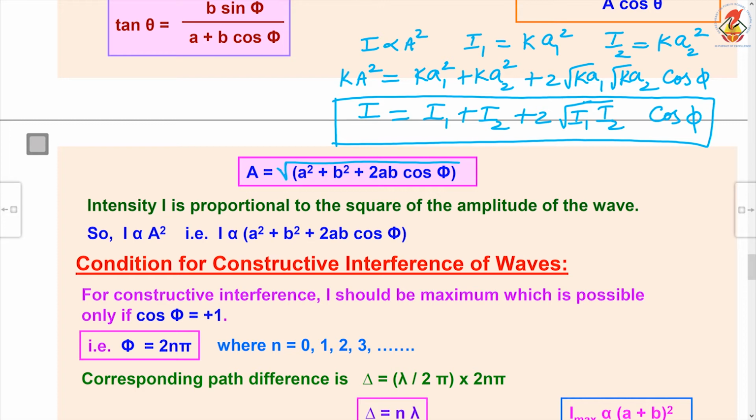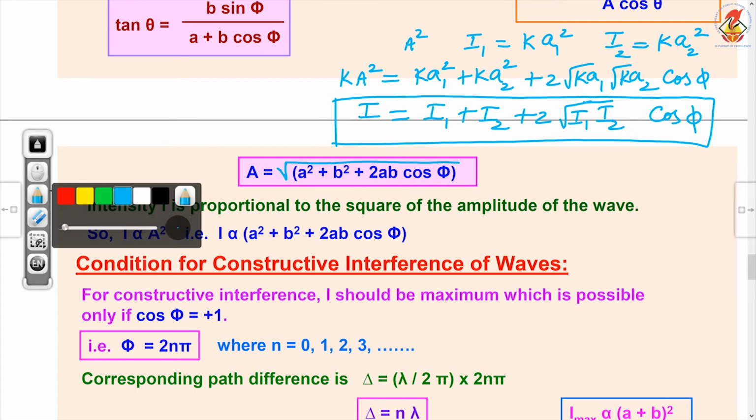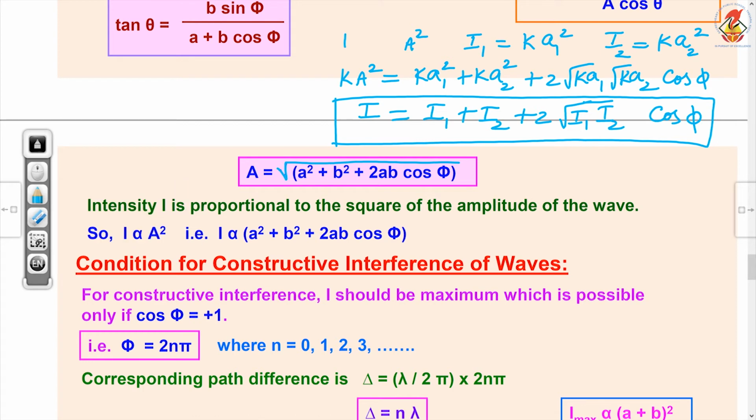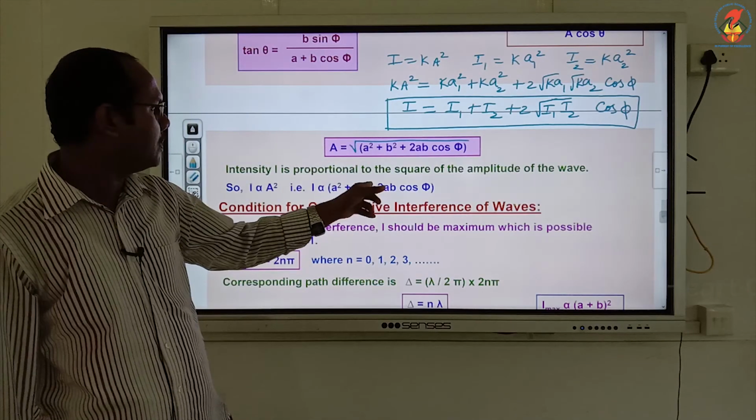So I wrote I proportional to a square, I1 is equal to k a1 square and I2 is equal to k a2 square. So here I will write one more thing. I is equal to k a square, and then I put that in the equation.